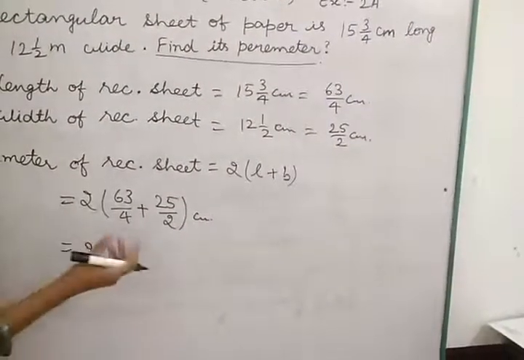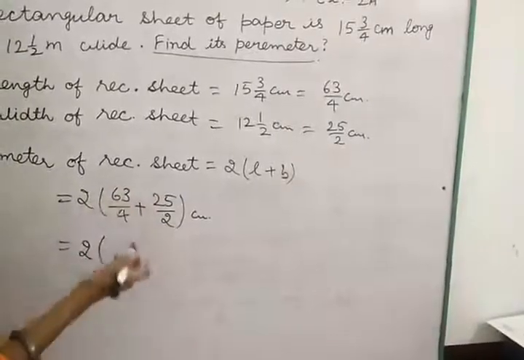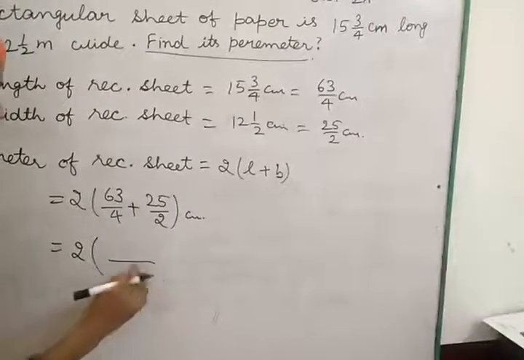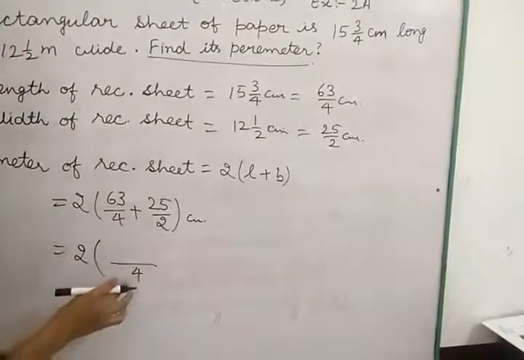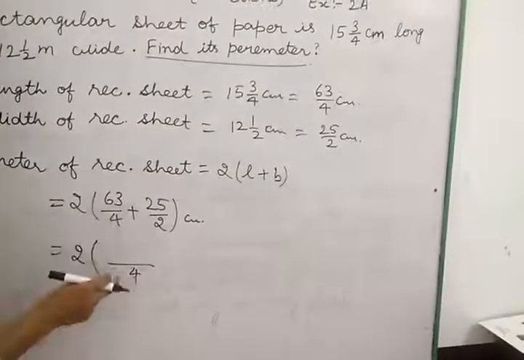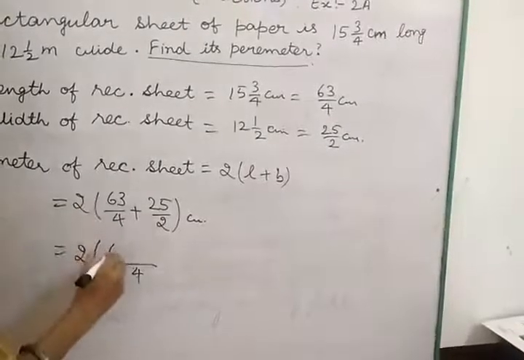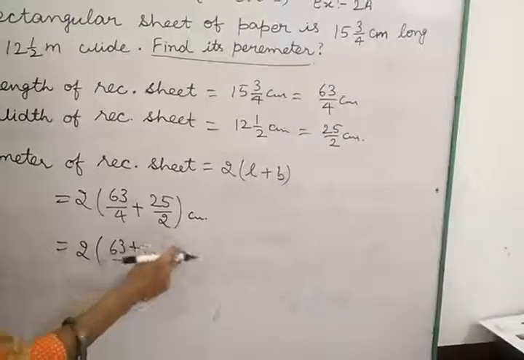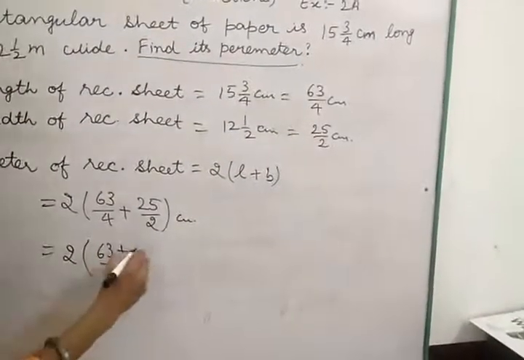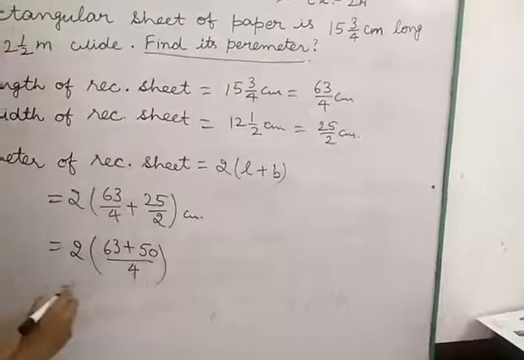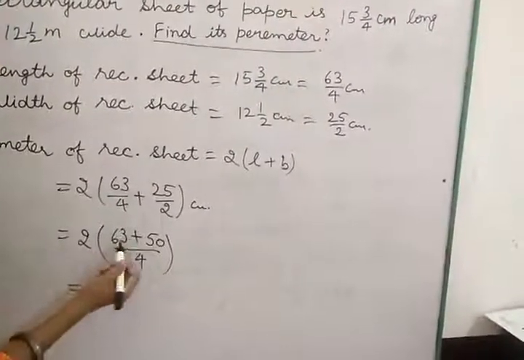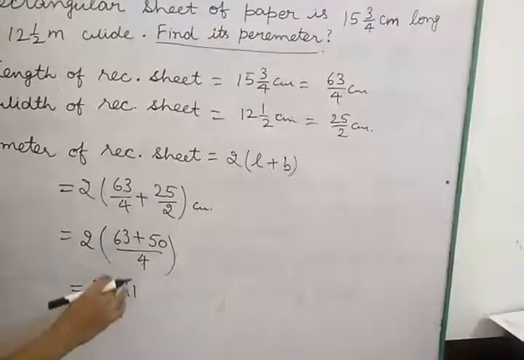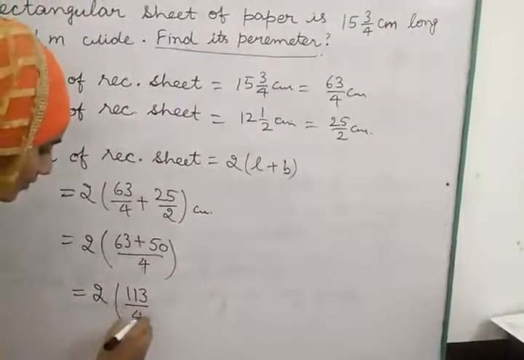Now as we have already done the sum of two fractions, first of all take the LCM of 4 and 2. LCM of 4 and 2 is equal to 4. Now divide 4 by 4, it's 1. 1 multiplied by 63, 63, plus 4 divided by 2 is 2, 2 multiplied by 25, 50. It becomes 2 into (63 plus 50) over 4, which is 2 into 113/4.